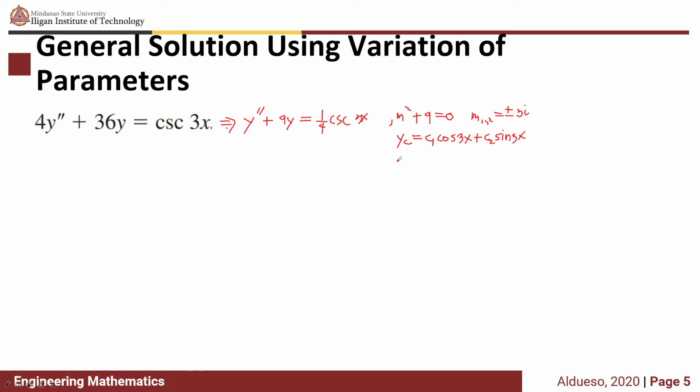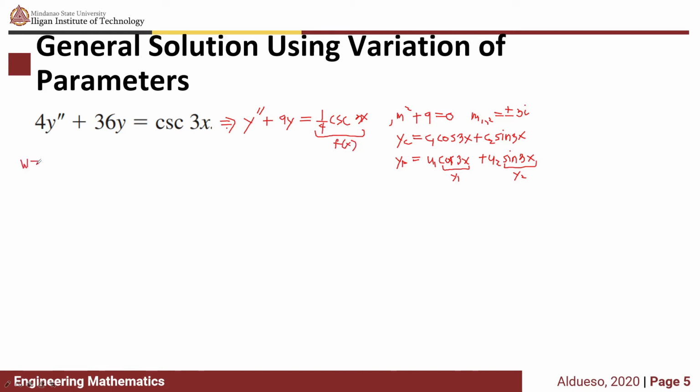So our particular solution is equivalent to q1 cosine of 3x plus q2 sine of 3x. So this is our y1, our y2, and this is our f of x.